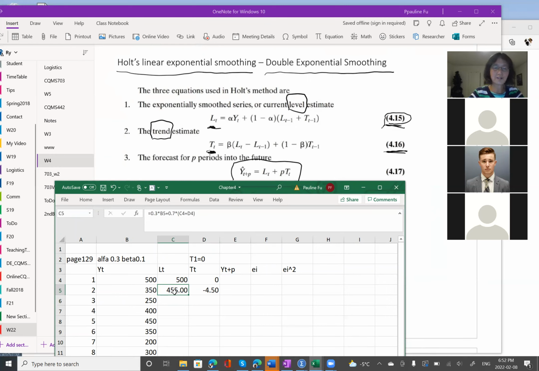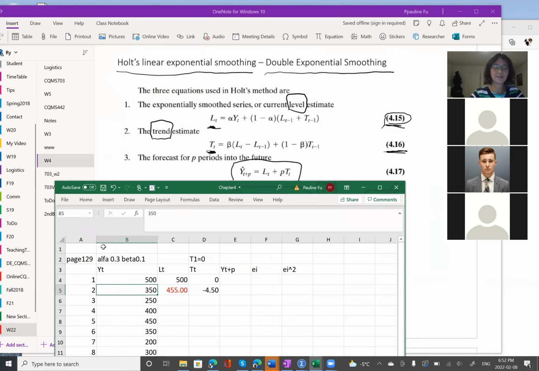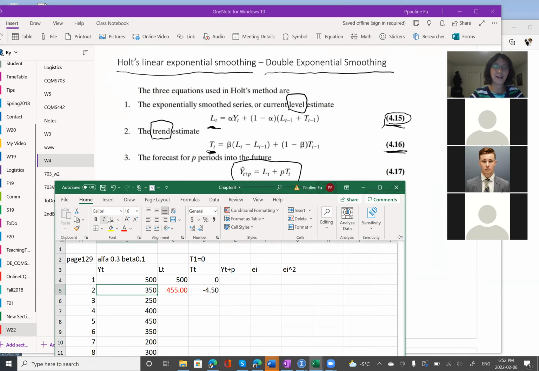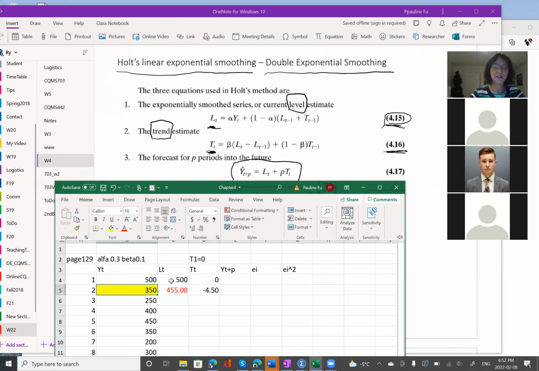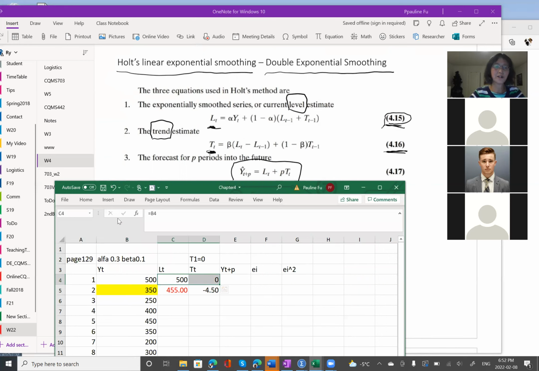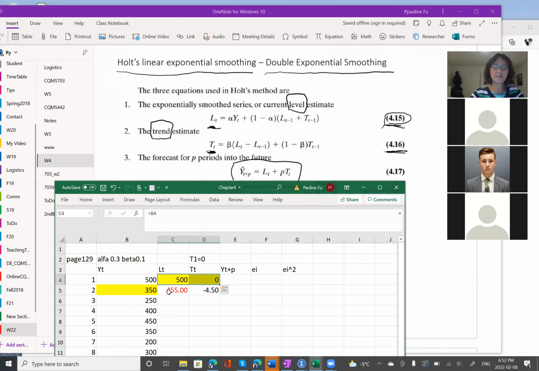So to calculate 455, you need the number on the left, I will highlight, and you need the number above those 2 numbers. You need 3 numbers to calculate 455, and the relationship is in this formula here. 3 numbers to calculate this L2.